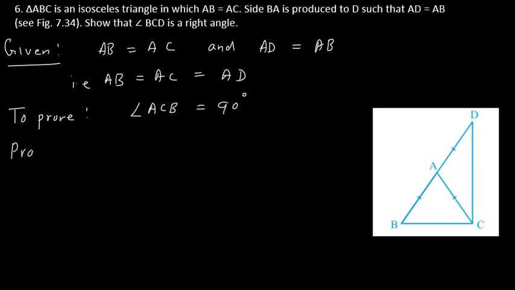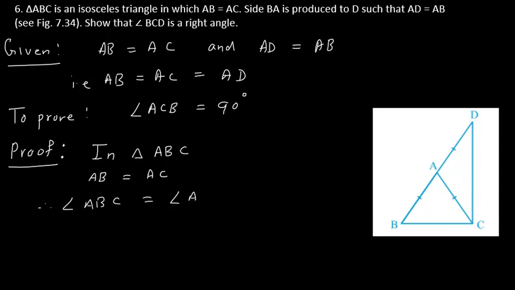Now in proof, I will say that in triangle ABC, AB equal to AC, therefore angle ABC is equal to angle ACB is equal to, let us say, X. Okay, we assume that this is equal to X. This will make our problem little simple, okay, to understand.